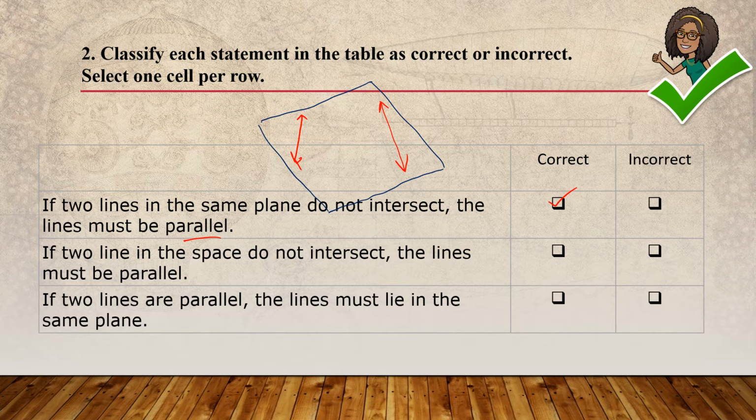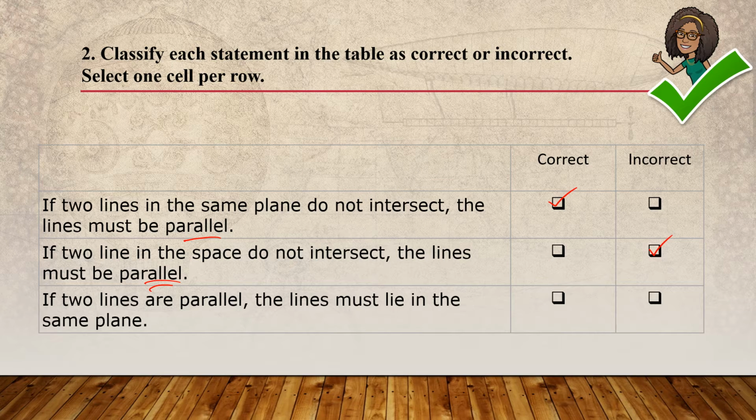They don't intersect, but they're not necessarily parallel. Remember, the definition of parallel means two lines that do not intersect, that's true, but the lines also have to be equally distant from each other, and both lines have to be going in the same direction. I just gave you a counterexample of that. So that would be an incorrect statement.